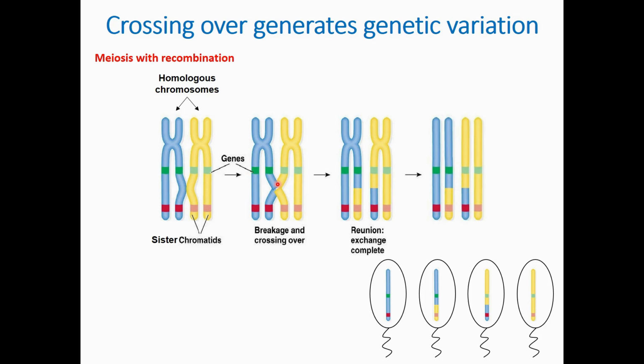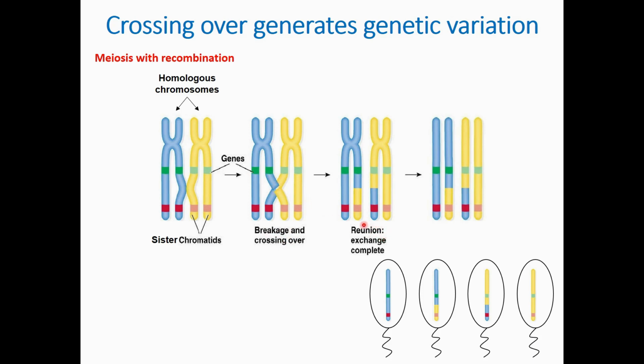So recombination means DNA will be broken and then stitched together. And what you see happening here is at the level of the crossover, there is a breakage of both chromatids, and then the crossing over will allow the exchange to happen.